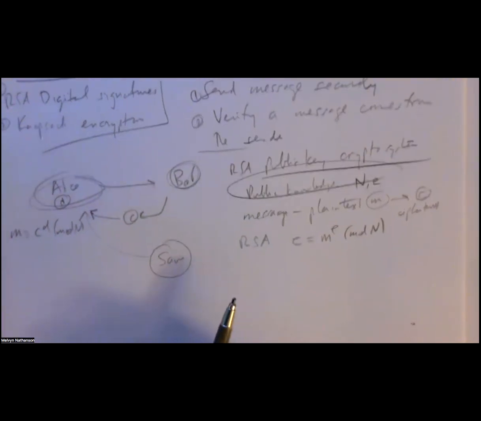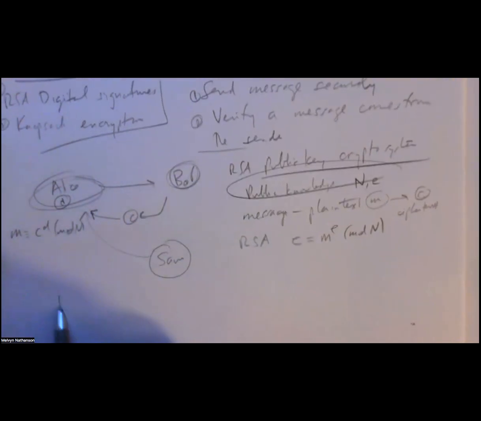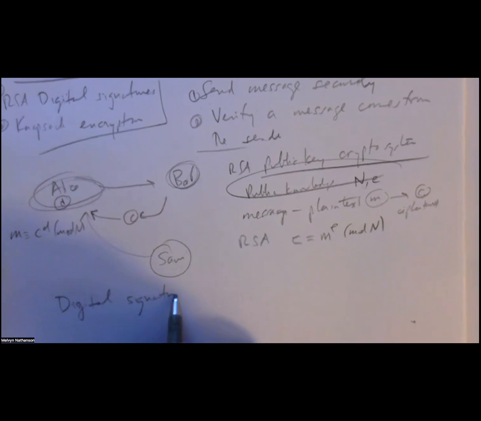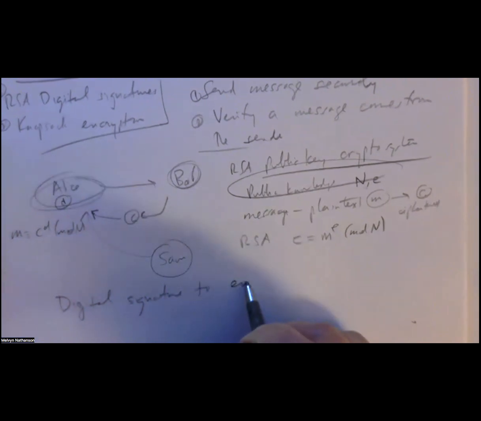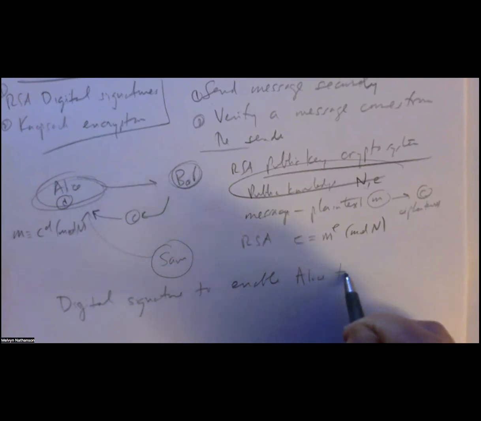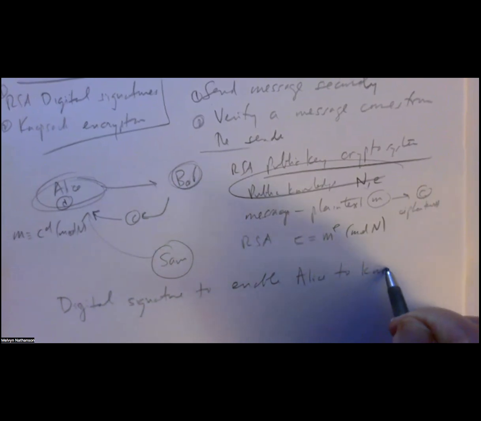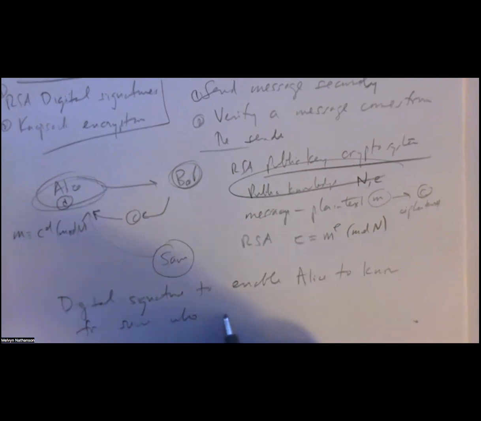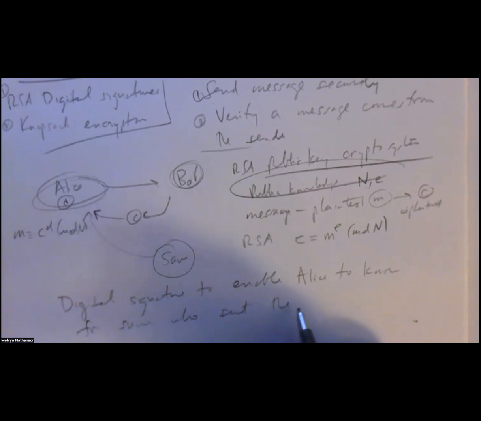So what's required is a signature on the message. Or since everything is digital, a digital signature to enable Alice to know for sure who sent the message.